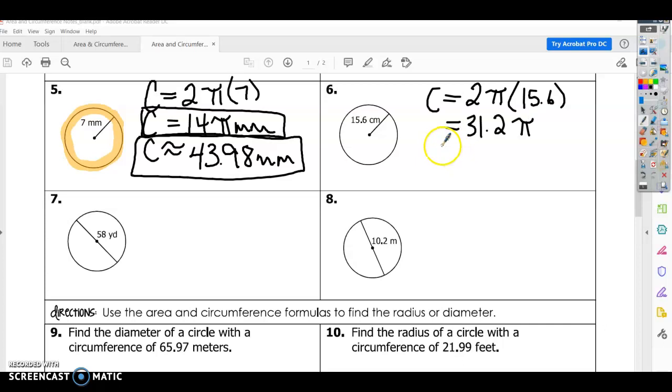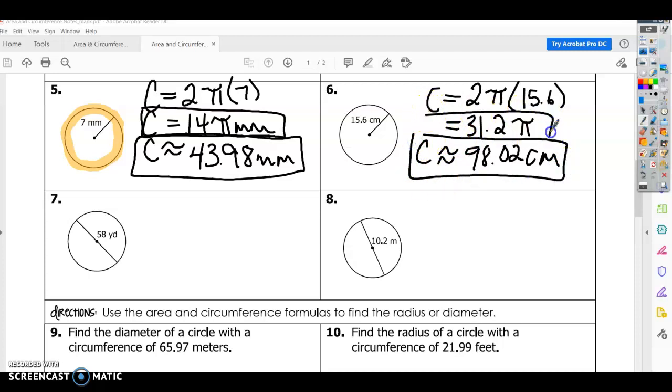And if I multiply that by pi, I'm going to get about 98.02 centimeters. Again, these are 2 equivalent statements. Just depends on which way your question is asked.